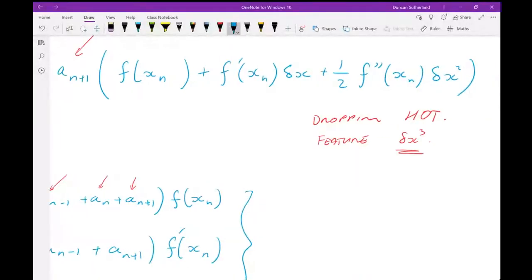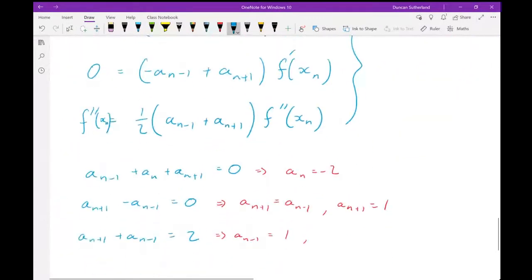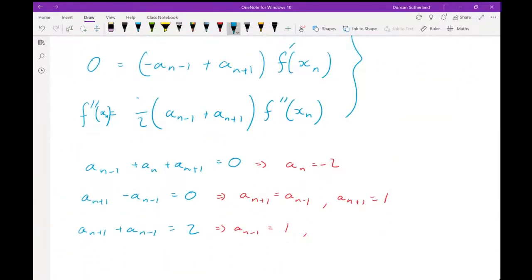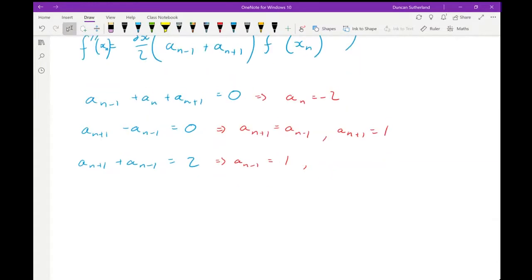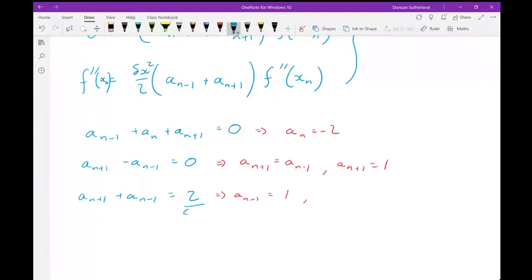Right, so here I've got delta x squared actually, and I forgot to include that in this equation here, delta x squared. So this equation becomes delta x squared. So this an becomes 1 on delta x squared. That just propagates all through the coefficients like that.